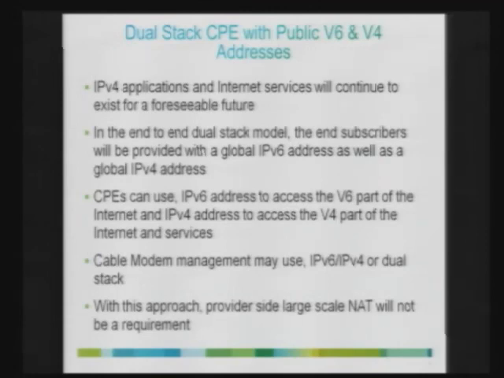But the advantage is this is the simplest scenario, because you don't need any large scale or carrier grade NAT in the network, because you are assigning a global IPv6 address and a global IPv4 address to the CPEs. So if the CPE needs to communicate to the v4 part of the internet, it can use the global v4 address, and if it needs to communicate to the v6 part of the internet, it can use the global IPv6 address.